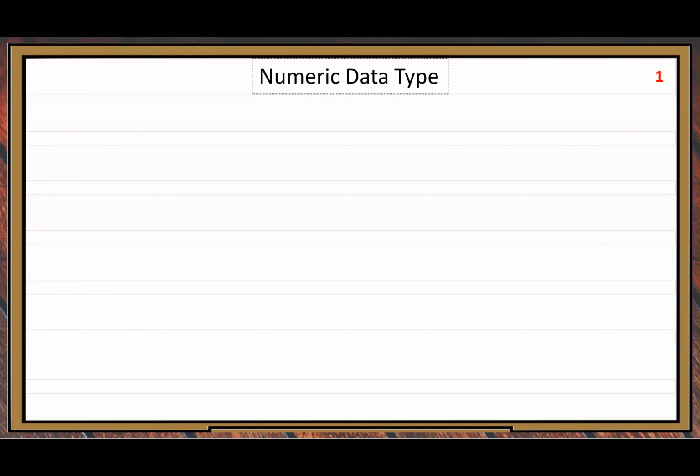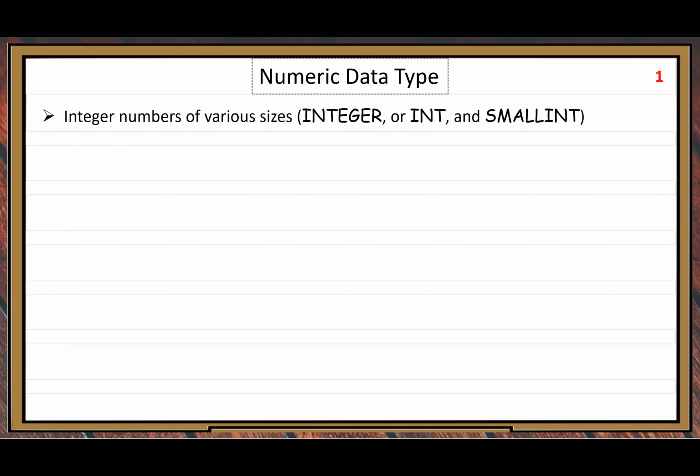First, let's look at the numeric data type. Integer numbers of various sizes. Here you can see we have different ways, but the most frequently used is int, integer.